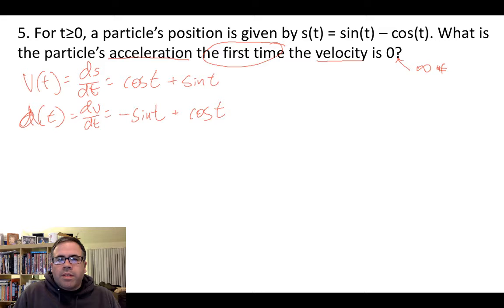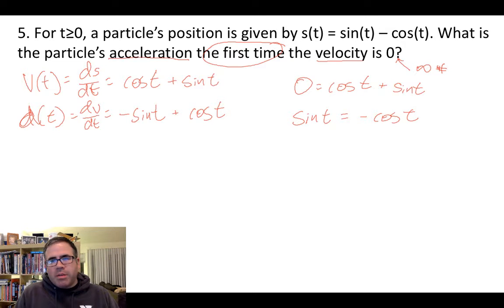If the velocity equals 0, that means that, say, sine of t equals the negative cosine of t. Why not? So they should be equal except for a negative sign. They're opposite signs.